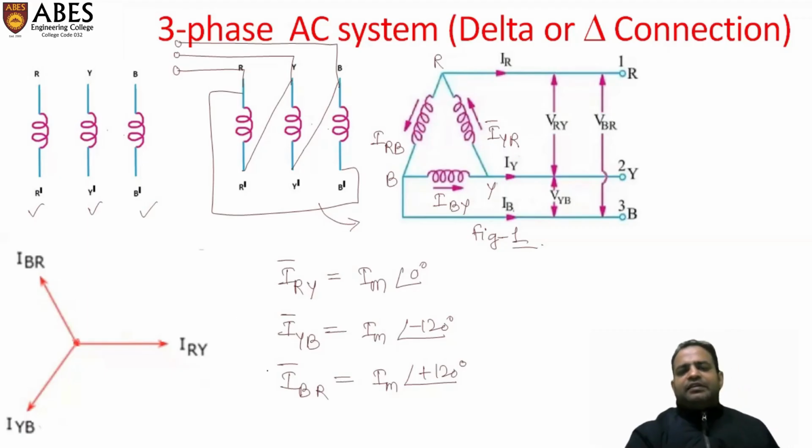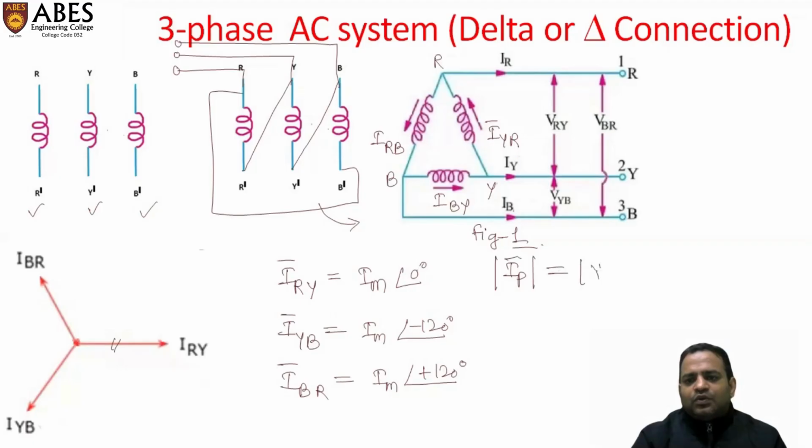So these three have equal magnitude, and these are called phase currents because they flow across the three phases R, Y, B. So we can say that the magnitude of these three phase currents IP is equal to IM.